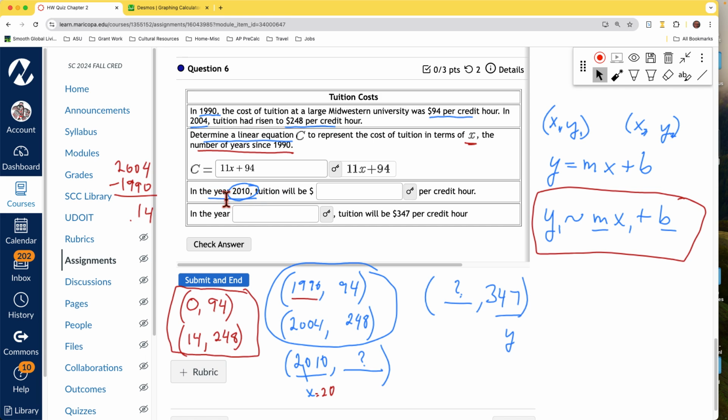The second question, in the year 2010, tuition will be what per credit hour? So we did it down here. It's going to be the point 2010, but remember our x in 2010 is not an x value. Our x value would be 20 years since 1990. Now we just need to find the y value, and I'll show you how you do that with Desmos.